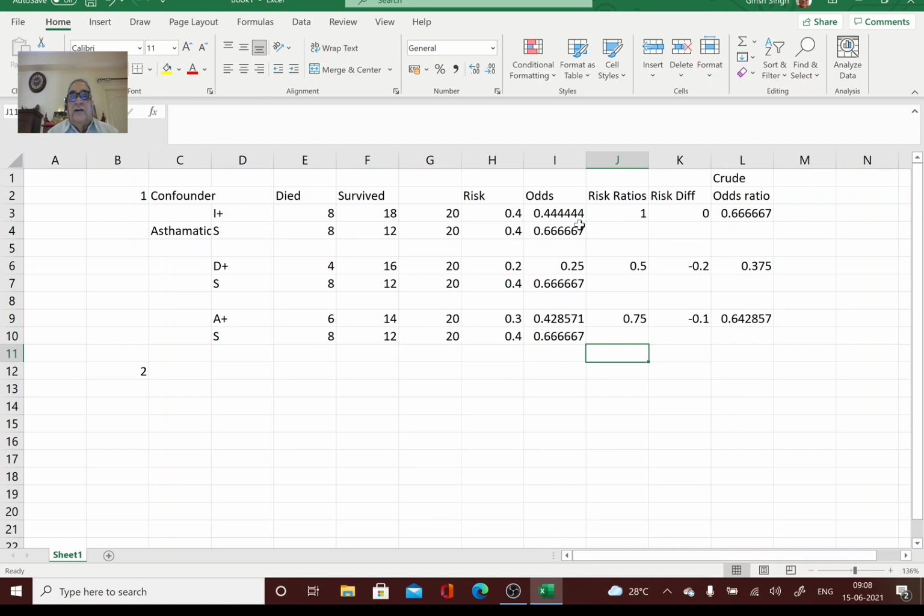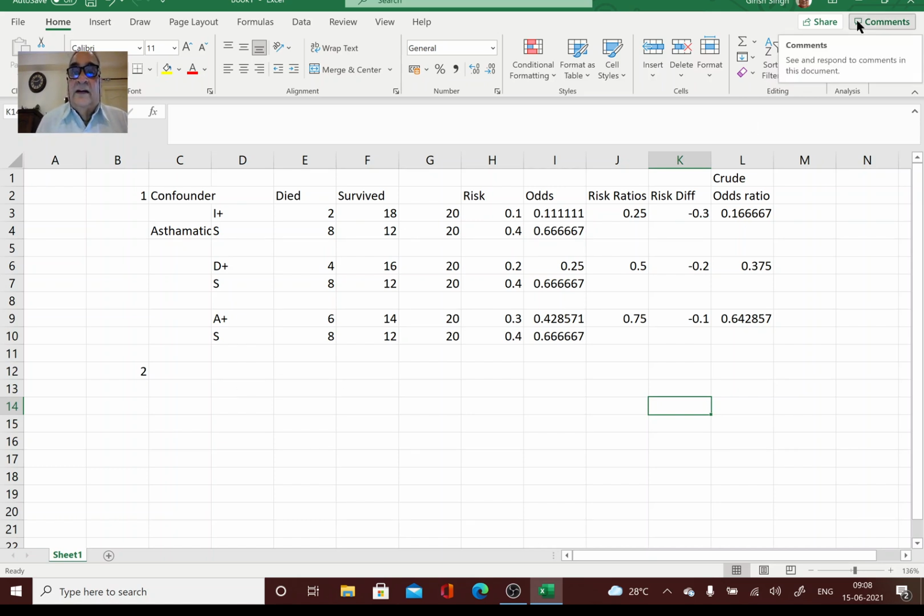So any risk ratio that crosses 1 is not significant. 1 means ivermectin doesn't help this way or that way. It doesn't increase the risk or decrease the risk. So we place again the number 2 here. And so you keep on getting this 0.25 risk. So after explaining this table, let us try to tell you how to deal with confounders. So you remember these numbers.